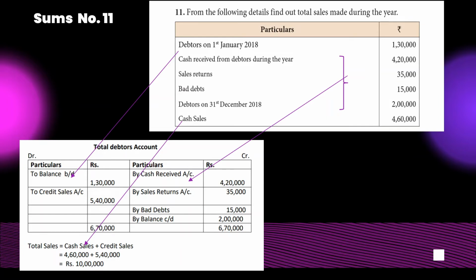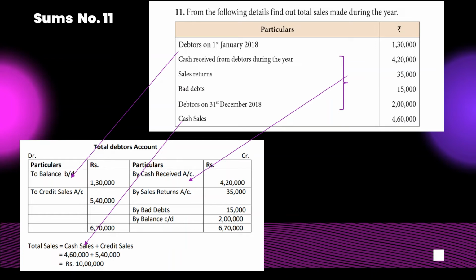Now in the question they have asked us to find out the total sales. So below this you should show the calculation. Total sales is equal to cash sales plus credit sales. So cash sales is given as 4,60,000 plus 5,40,000 we found from the total debtors account, and these two should be added.